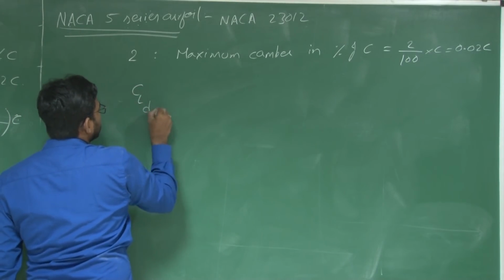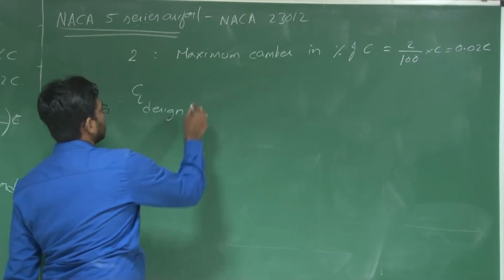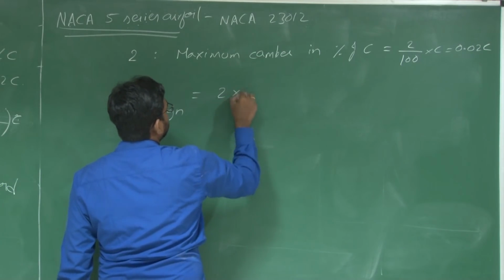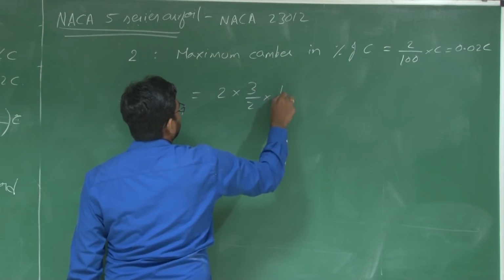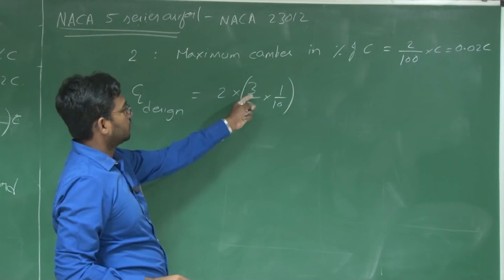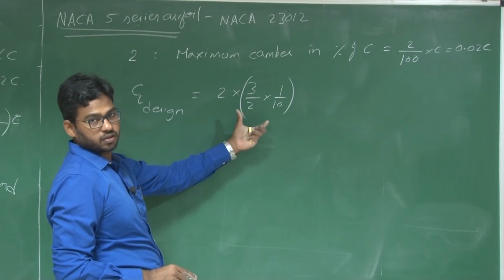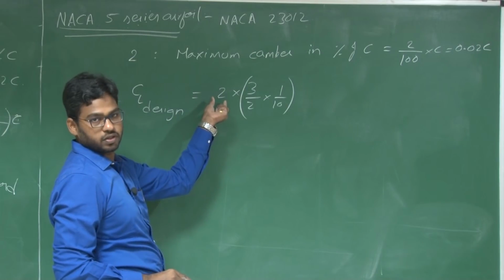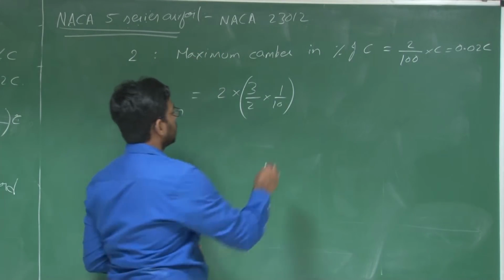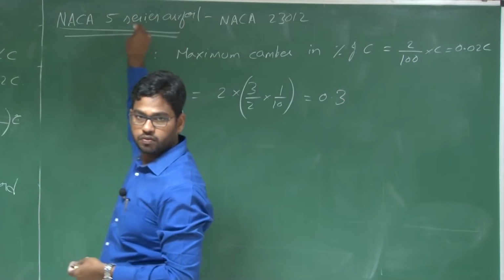So CL design, the design lift coefficient, equals 2 multiplied by 3 by 2 into 1 by 10. So 3 by 2 into 1 by 10 is a factor that you need to multiply with this first digit of this 5 series airfoil to get to know the design CL of this airfoil.